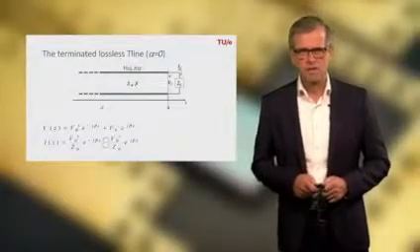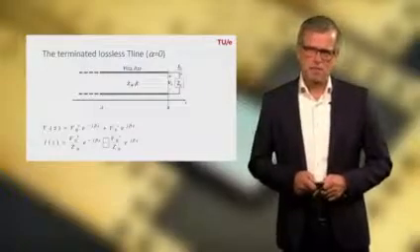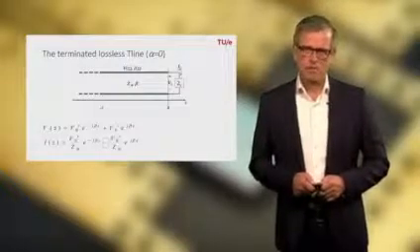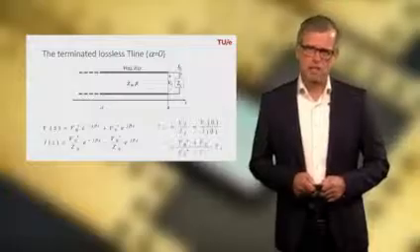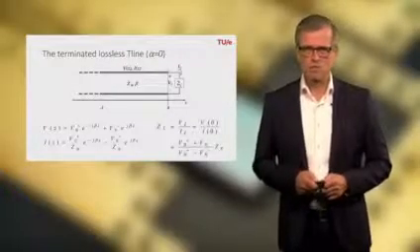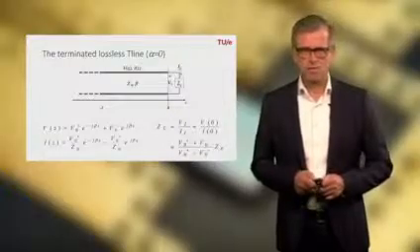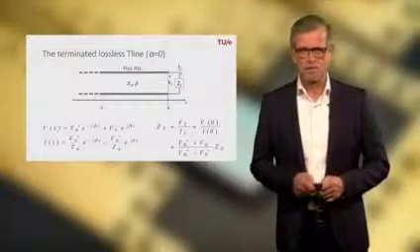propagating in the minus z direction. Now the termination is located at z is 0, and the termination sets a relation which we require to find the unknown amplitudes of the voltage waves and current waves.